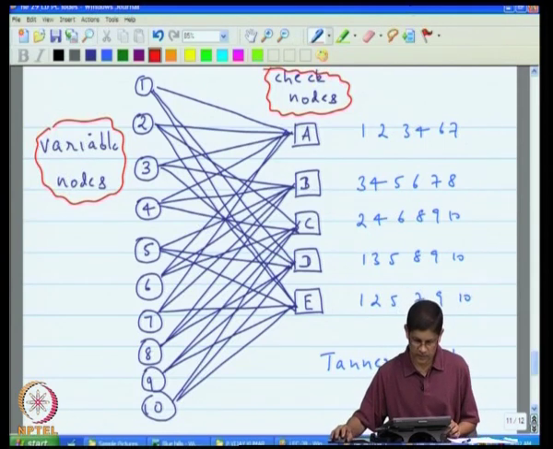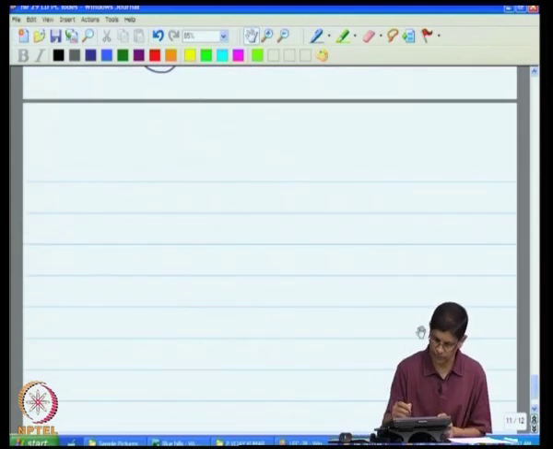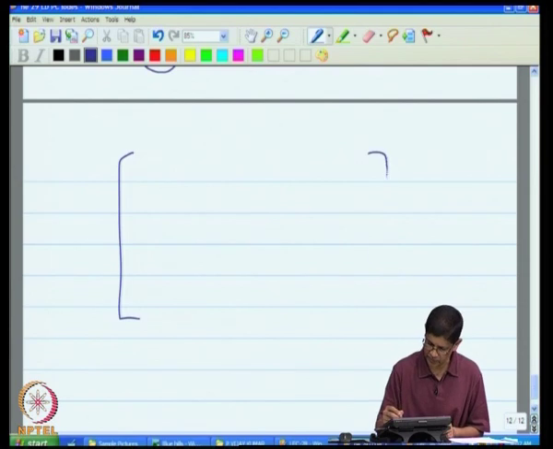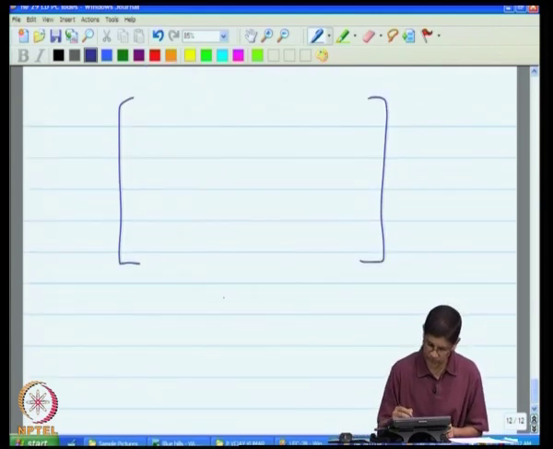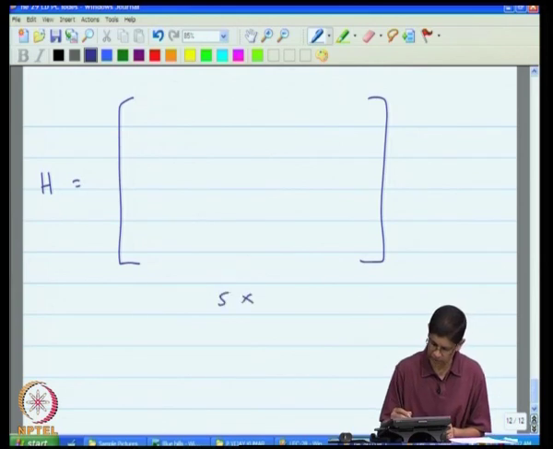And this is really another representation of the parity check matrix in the following sense. You should keep this picture in your mind. There is a parity check matrix, which will be called H, a 5 by 10 matrix.